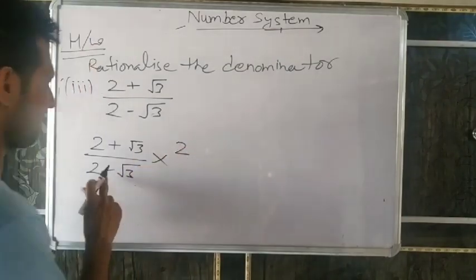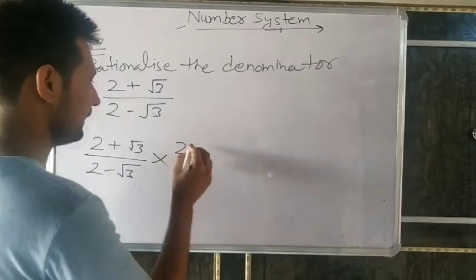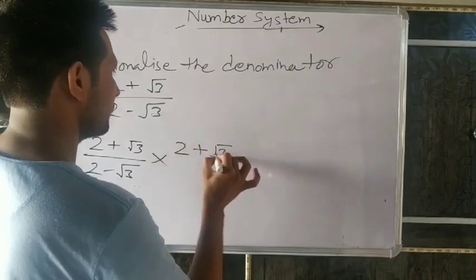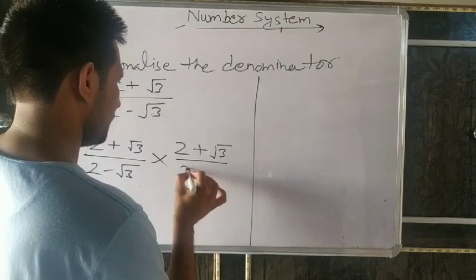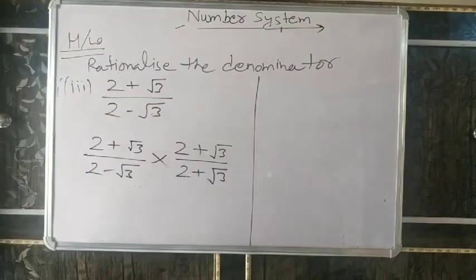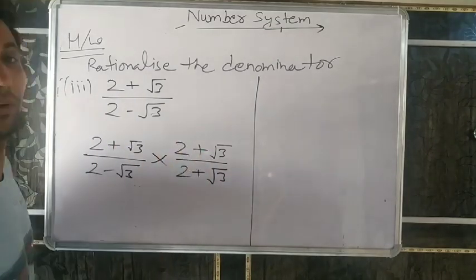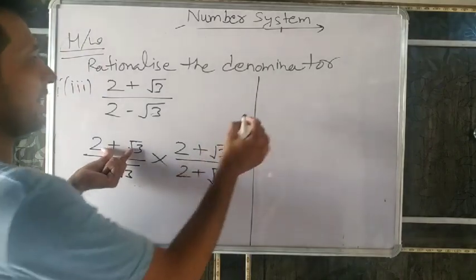So what will we make? A minus B, A plus B. Very good. This one, 2 plus root 3. Now, which formula?